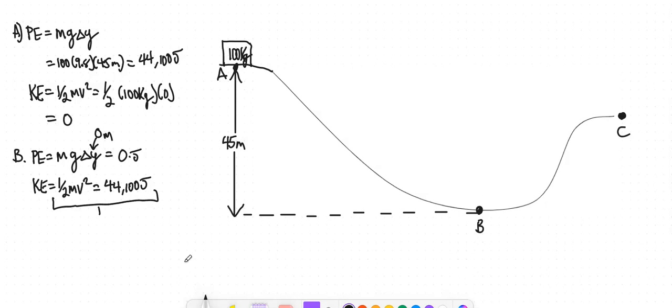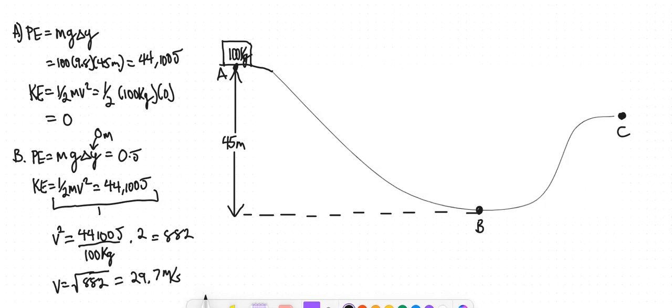So if we solved for v, we should be able to get the velocity at the bottom of the hill. So let's do some algebra. The velocity that I calculated for the bottom of the hill is 29.7 meters per second.